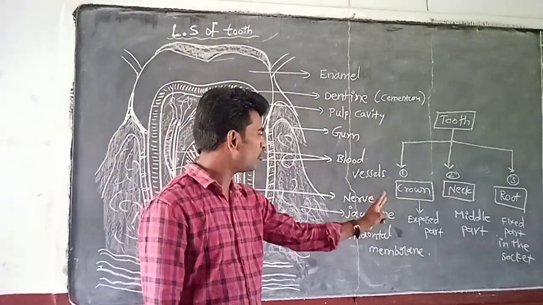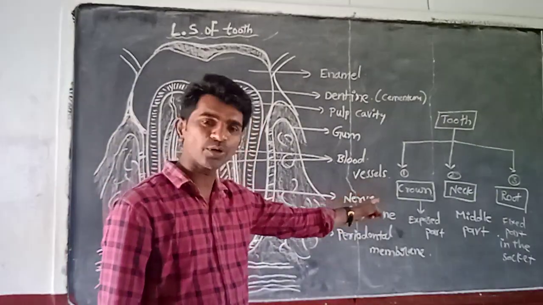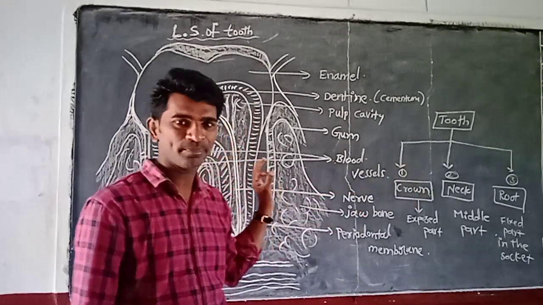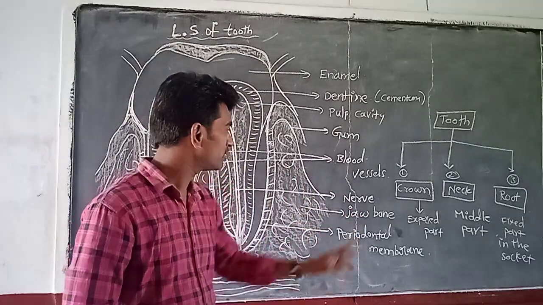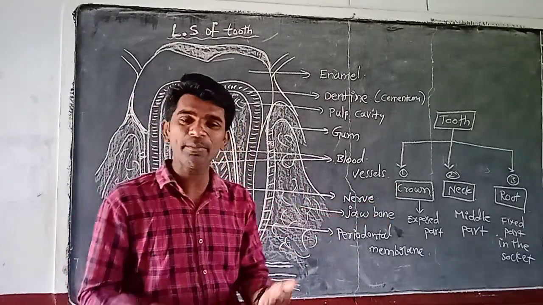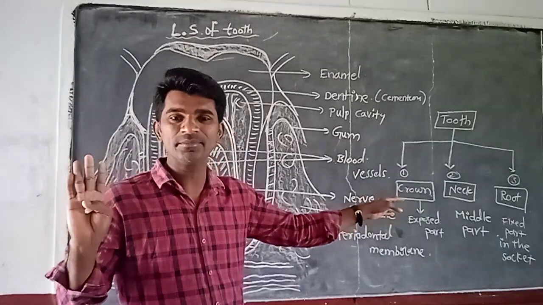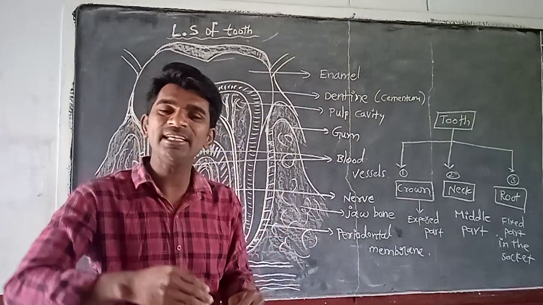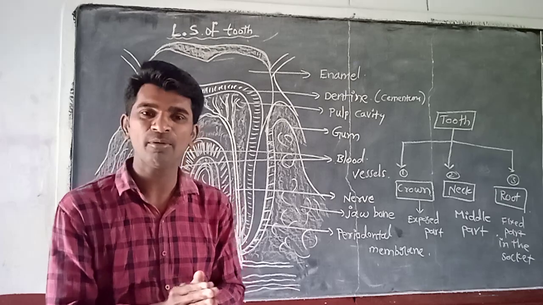Now, how many parts are there in the tooth? Three parts: crown, neck, root. The crown is the exposed part, the neck is the middle part that is covered by the gums, and the third part is the fixed part, which is present inside the socket of the jawbone.